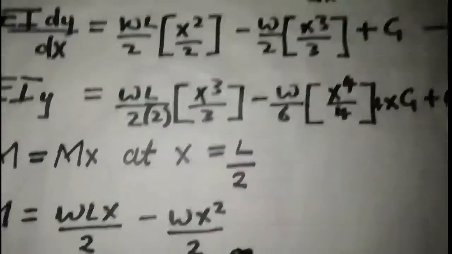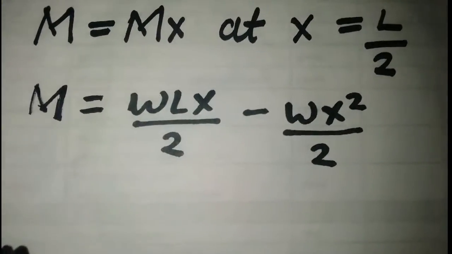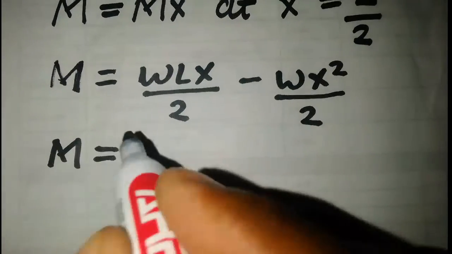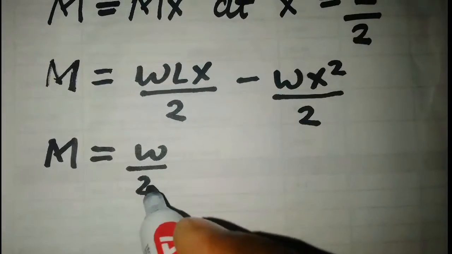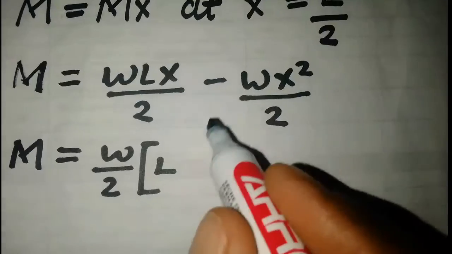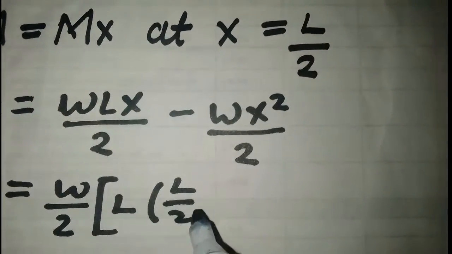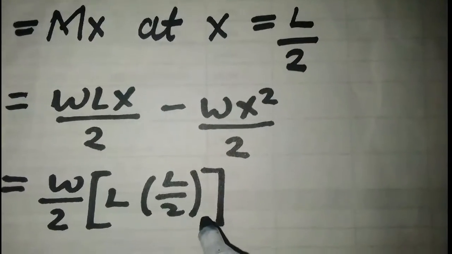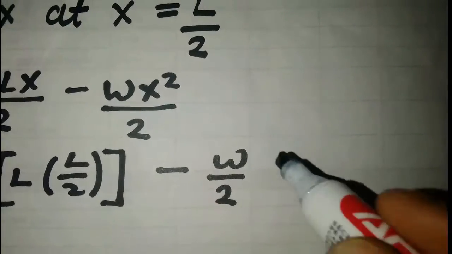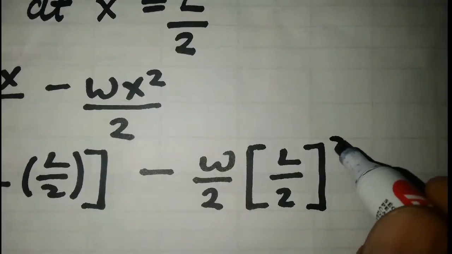So we're going to solve now, and for x we're going to put L over 2, right? So M will be equal to W over 2, and put in L, and for x is L over 2, right? So I'm going to multiply by L over 2 here, and I'm going to subtract from W over 2, and x squared is L over 2 squared.